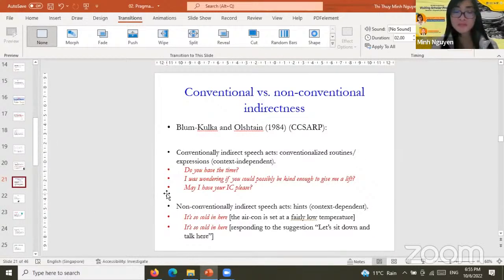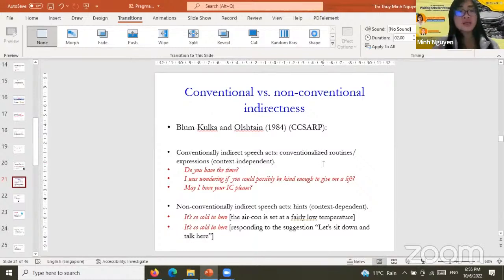Okay, so Blum-Kulka and Olshtain, in a very famous project which is called the cross-cultural speech act realization project, CCSARP, looked at 8 different languages, and how speakers of those 8 different languages linguistically express requests and apologies.